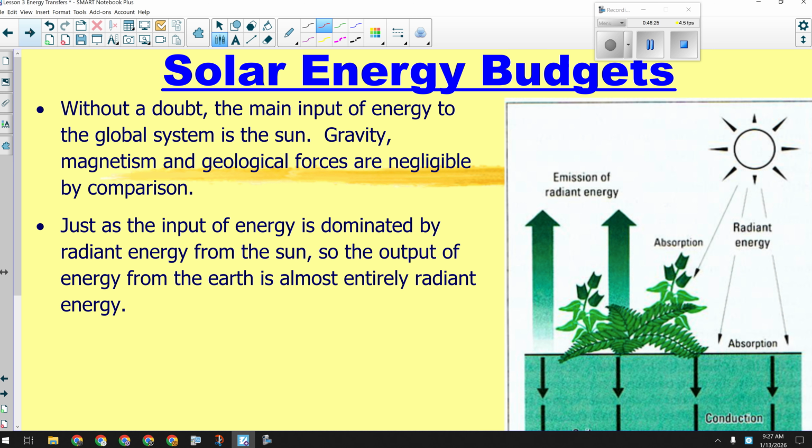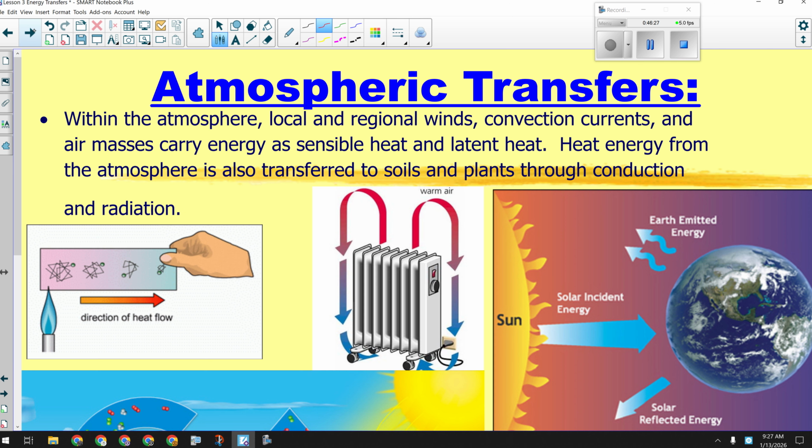Okay, I'm going to skip that one. All right, transfers. So here's where we need to know another set of 3 things. The 3 things we need to talk about are conduction, convection, and radiation.